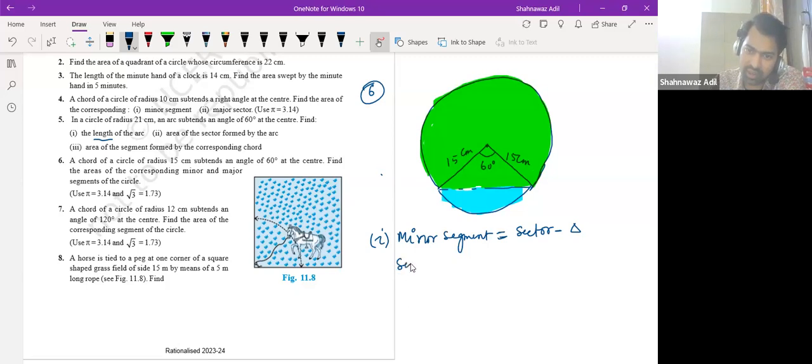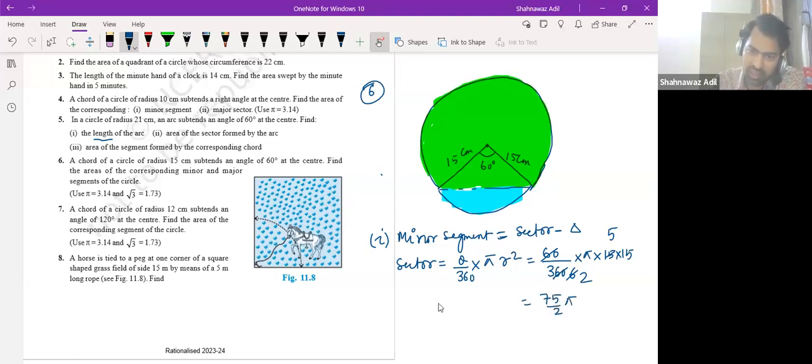Sector, let us find out the sector. This is theta by 360 as Hashit was saying, and pi r square, right? Which is 60 by 360 and pi and this is 15 into 15. So this is 6, and this is 2 and this is 5. So 75 by 2 pi.